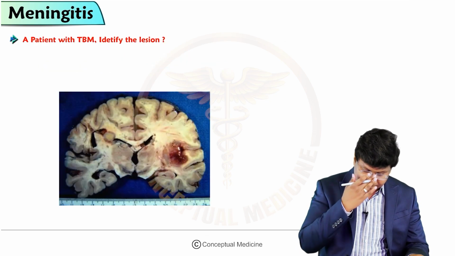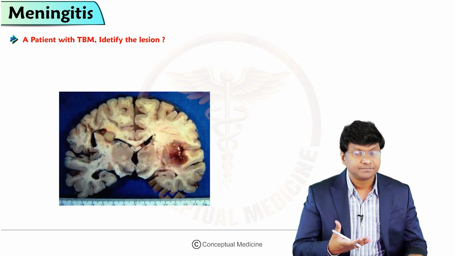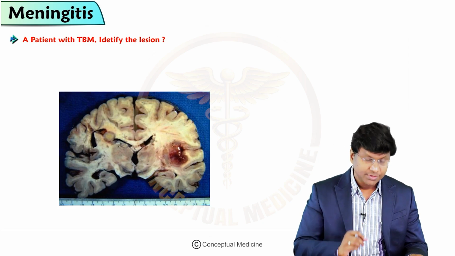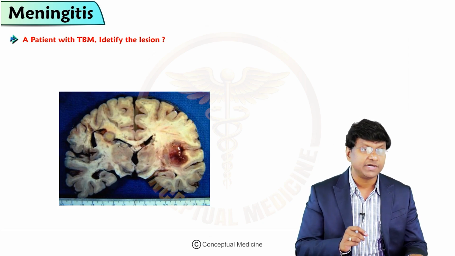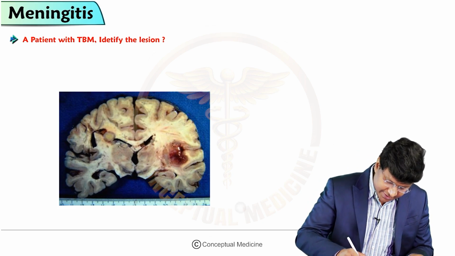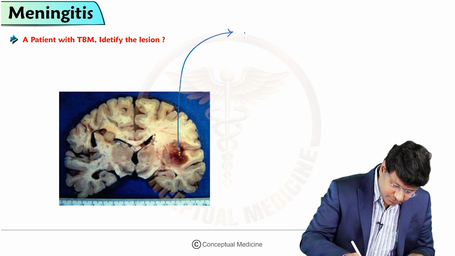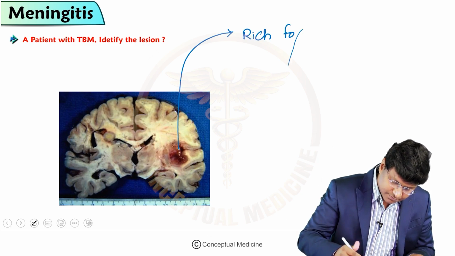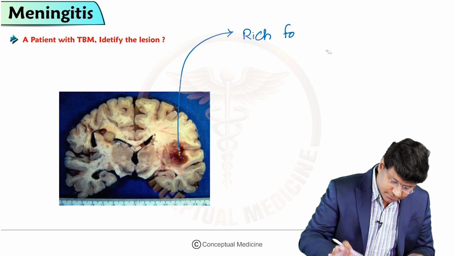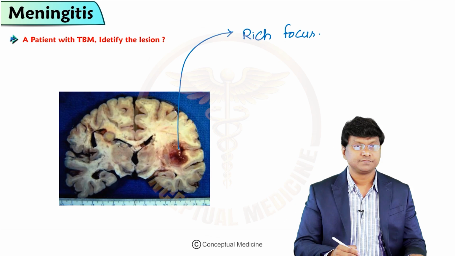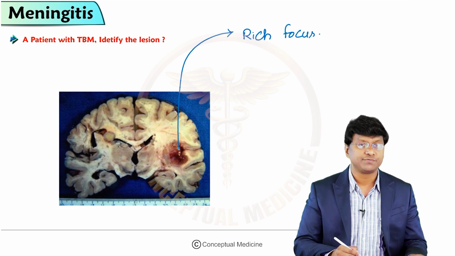Now, if you take the brain gross image in a patient with tubercular meningitis, you will have this lesion and you need to identify the lesion. What is this particular lesion? This is called the Rich focus.